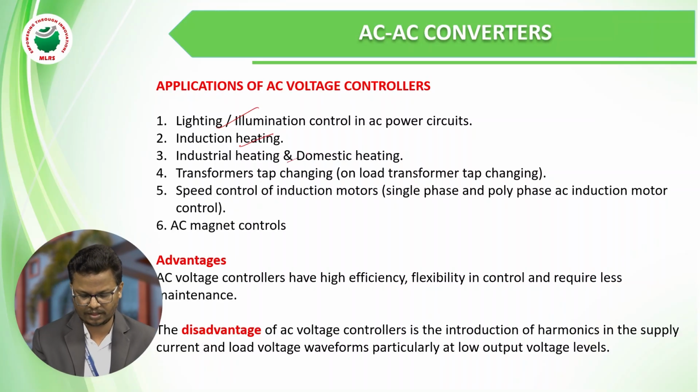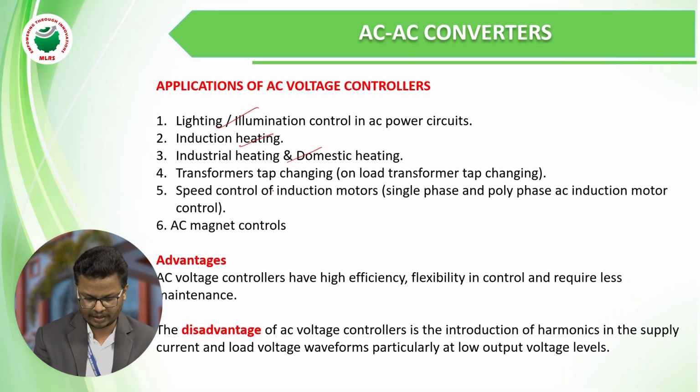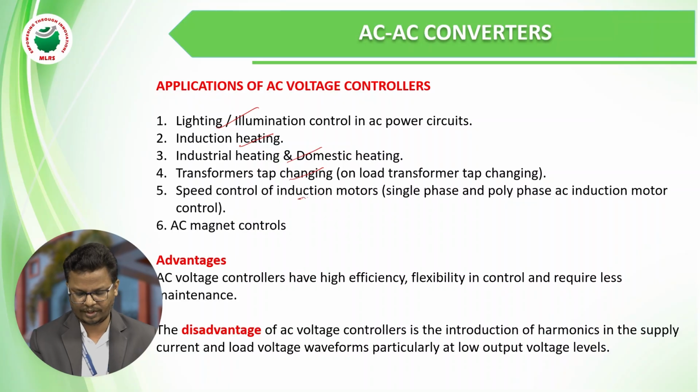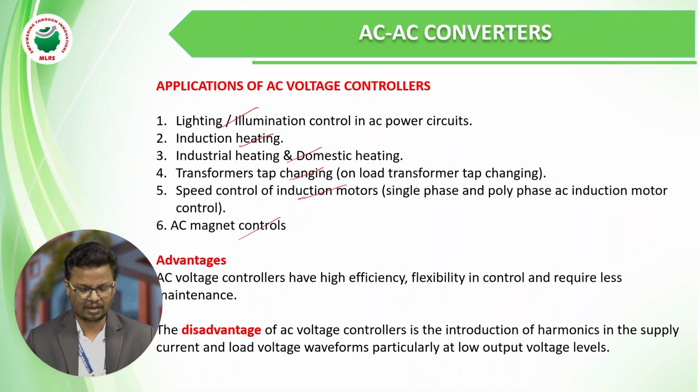Then transformer tap changing, where we can use this AC to AC converter like a transformer. And speed control of induction motors: in the voltage control method, by varying the voltage, the speed of the induction motor changes. Another one is AC magnet controls. These are applications of the AC to AC converters.